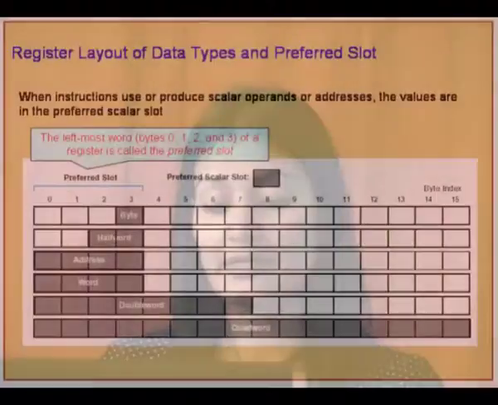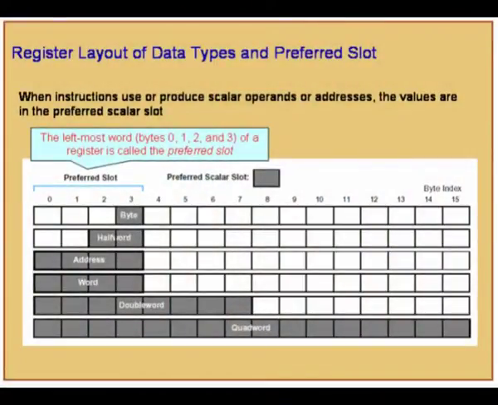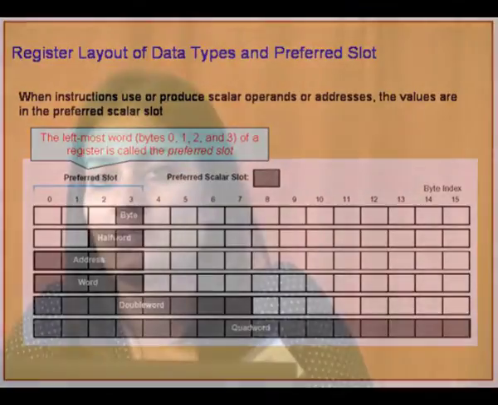And this is how this data is stored in memory. The first 4 bytes are called the preferred slot. So in other words, we highly discourage the use of scalar data types on the SPUs. We say just use vector, because that's the way you will optimally use all the resources available to you.